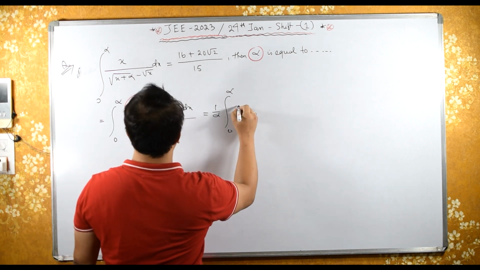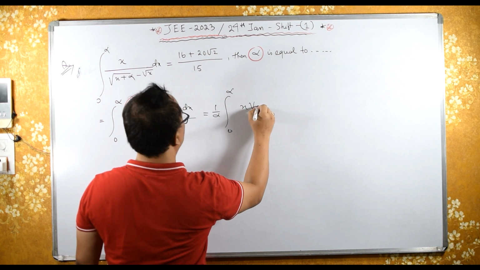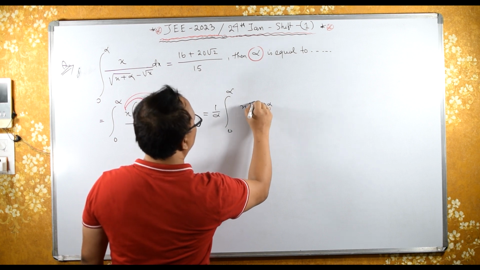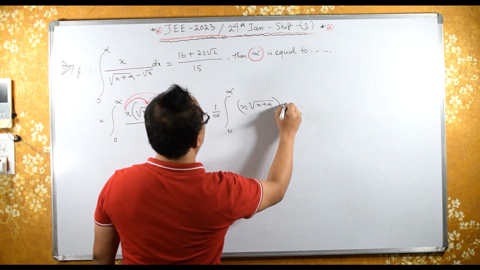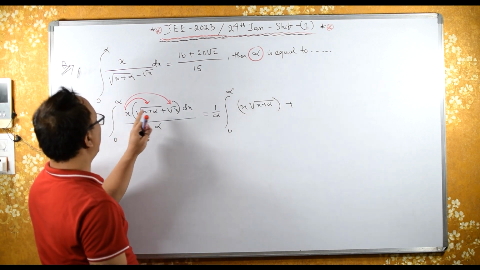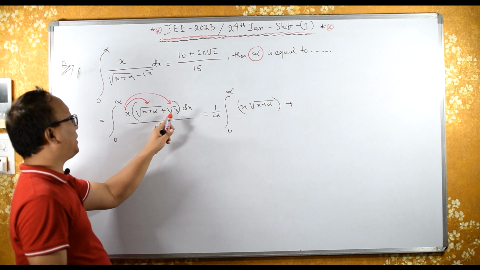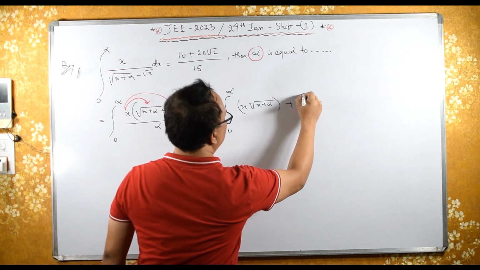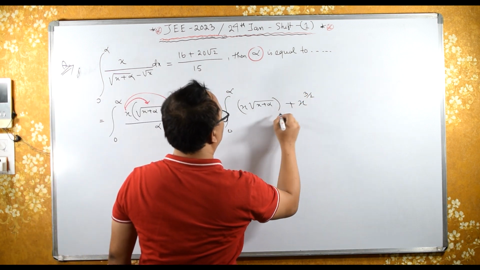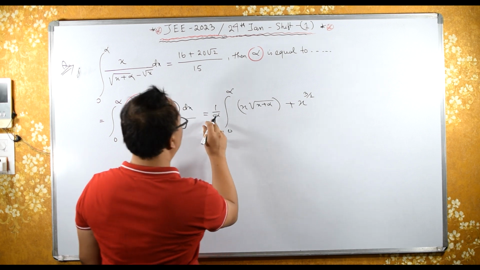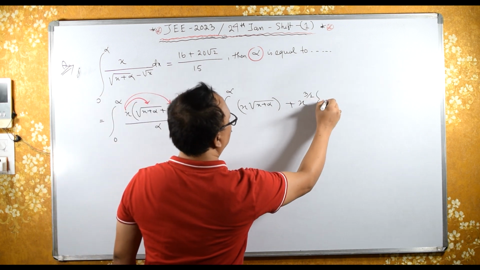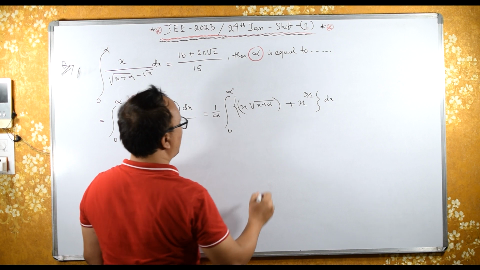Therefore this integral is x into square root of x plus alpha, plus here x is 1, since the bases are the same you can add indices, 1 plus half is x raised to 3 by 2. Now alpha is taken outside, into dx.